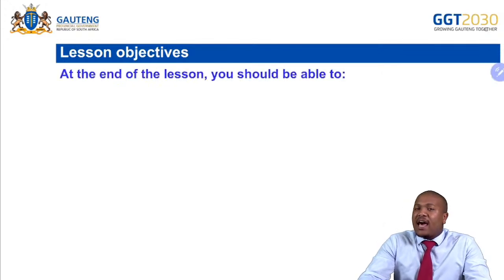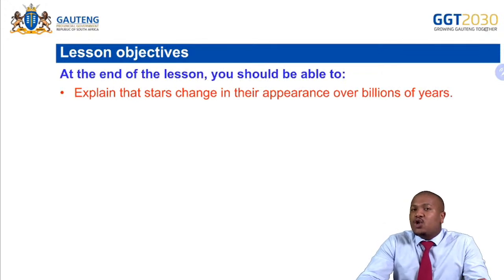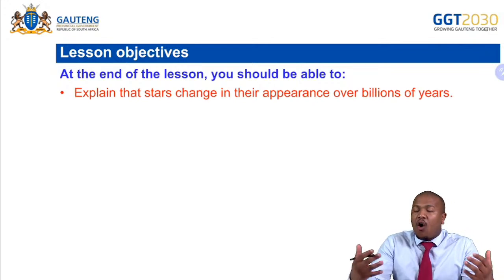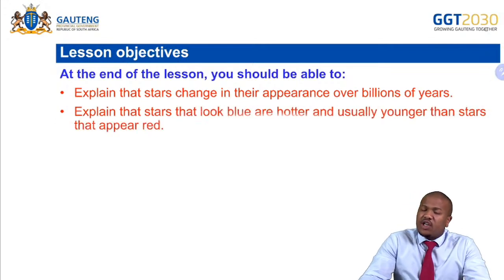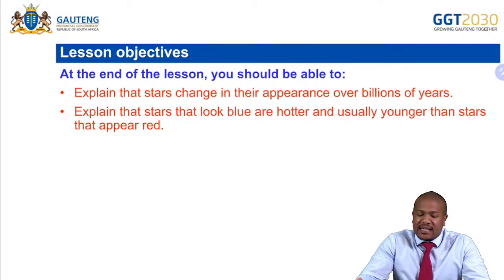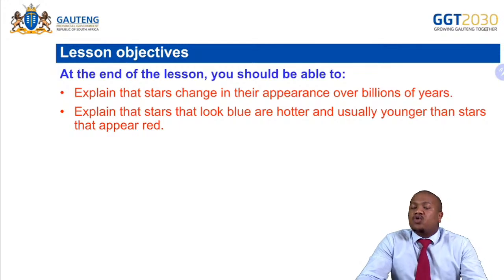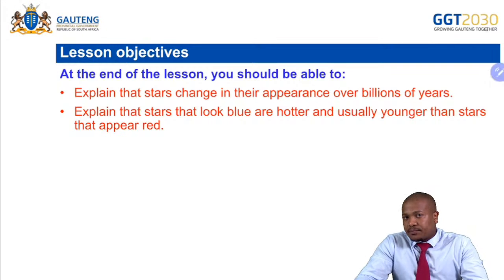By the end of this lesson, firstly, you should be able to explain that stars change in their appearance over billions of years. You also need to be able to explain that stars that look blue are usually hotter and younger than stars that appear red.